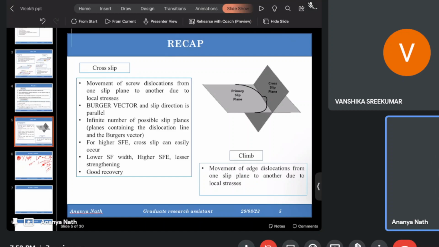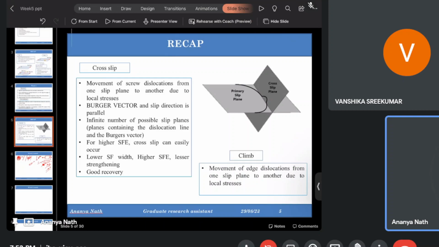But for our case, non-heat treatable alloy and a lot of cold working, this lower stacking fault width and higher SFE will give rise to higher strain hardening because of all the things we have discussed today. So good recovery. So recovery we'll see in the next class. What does it mean? And as I said, climb is the movement of the edge dislocation from one slip plane to another due to the local stress.